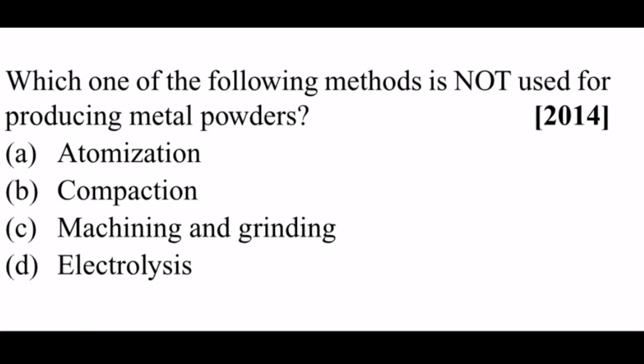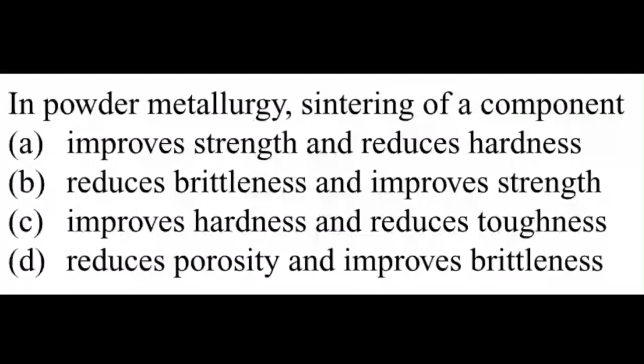Which one of the following methods is not used for producing metal powders? Compaction. In powder metallurgy, sintering of a component improves hardness and reduces toughness.